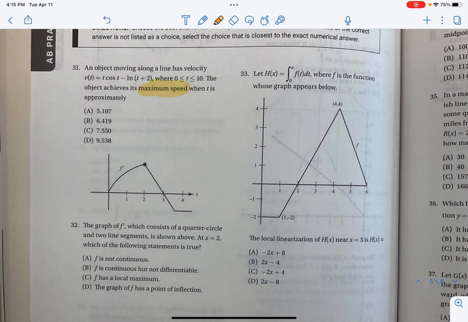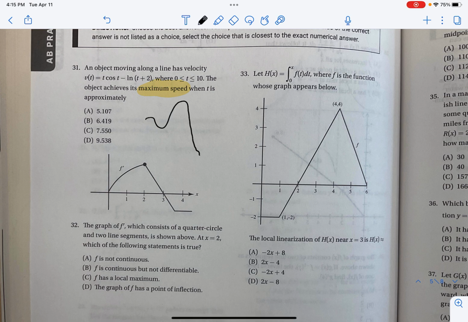So x times cosine of x, I'm just calling this x instead of t because that's easier to type, minus the natural log of quantity x plus 2. And so I am looking at my graph, and I will just say that my graph looks something like so.